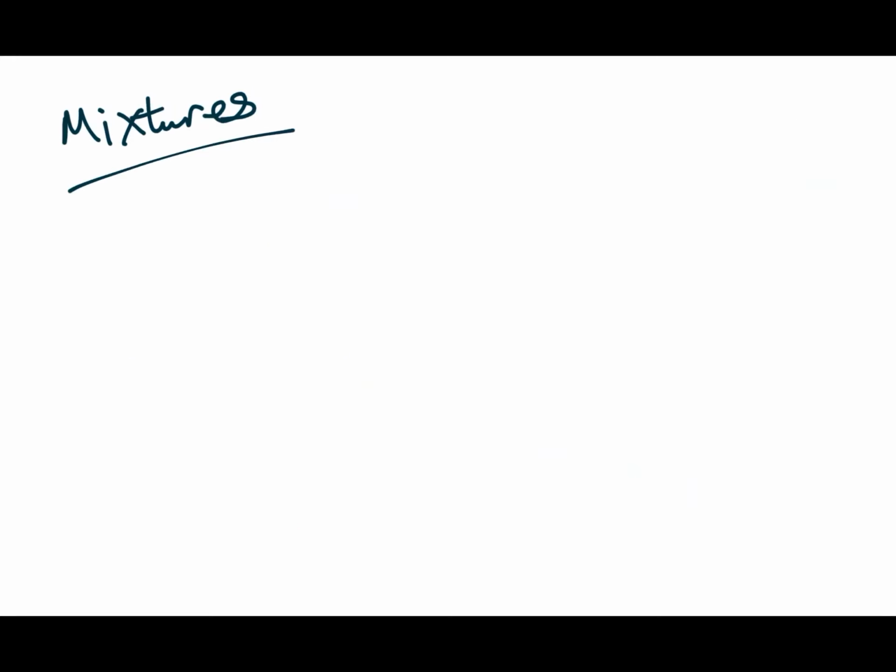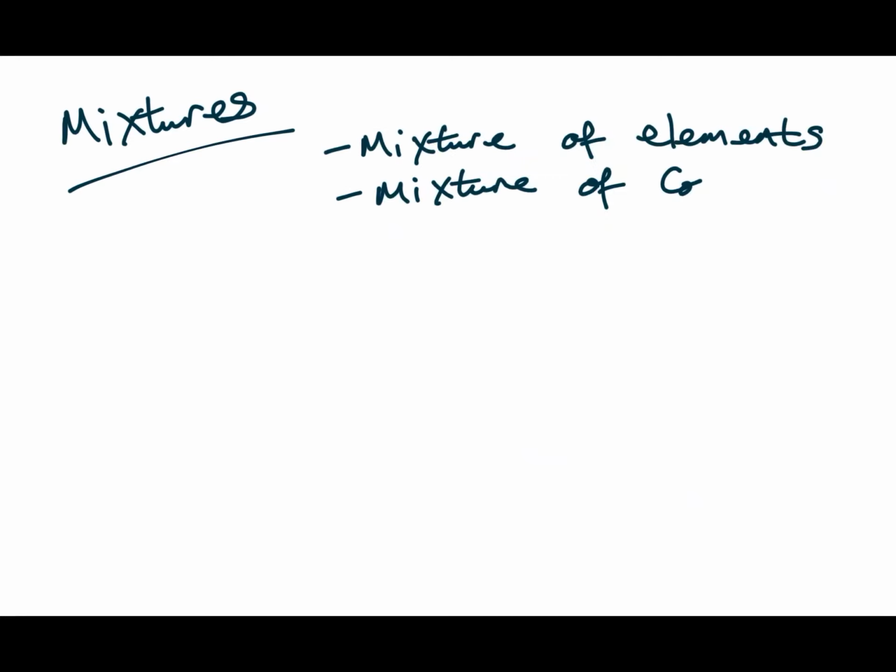So mixtures is where it gets a little bit more complicated. This could be a mixture of elements, or it could be a mixture of compounds. So you need to be able to recognise both. What we can see is if I look at drawing some elements, so these are monatomic elements.